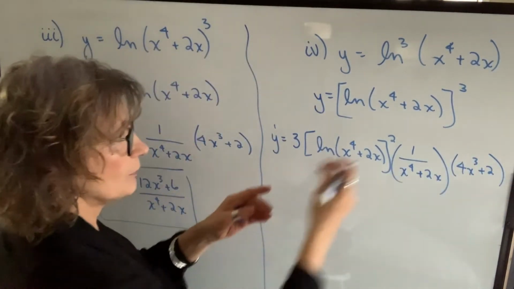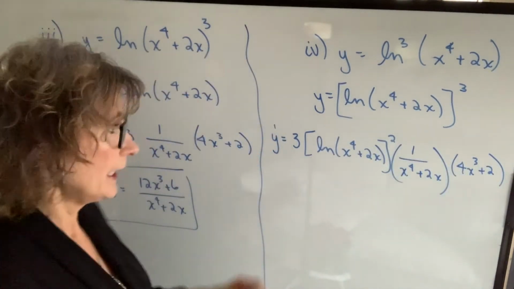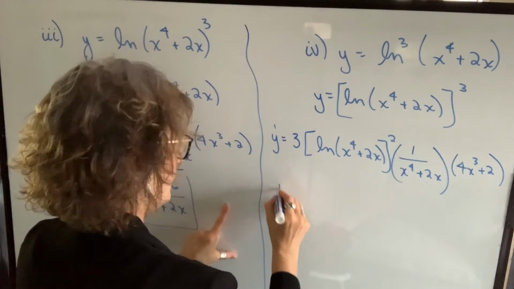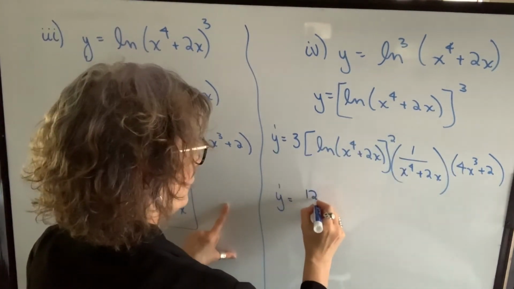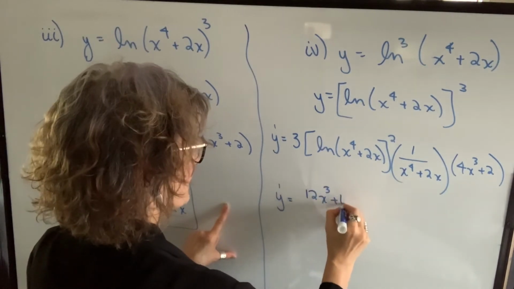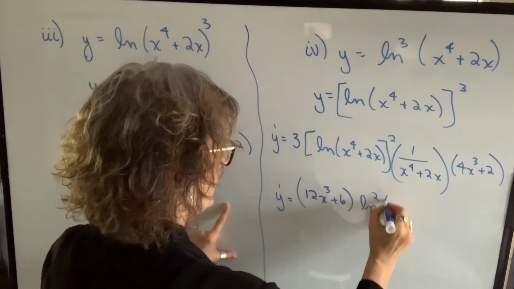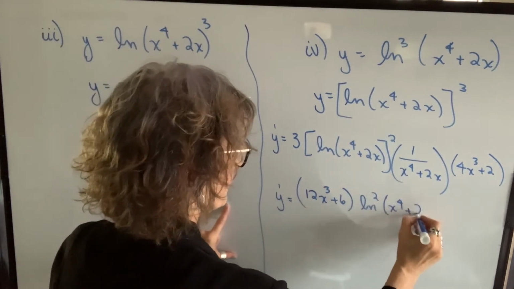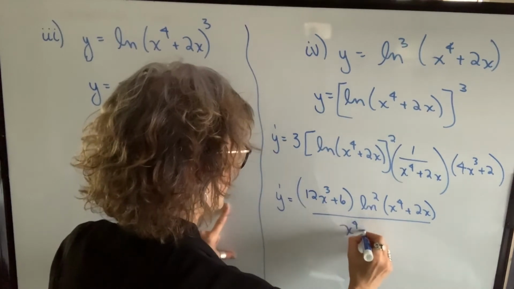So using your chain rule, we did our power, then our natural log, then our polynomial. And then when we clean this up a little bit, I'm going to distribute that 3 to here, 12x cubed plus 6. And then I'm going to write this as natural log squared, just a little cleaner way of expressing it, over x to the 4th plus 2x.